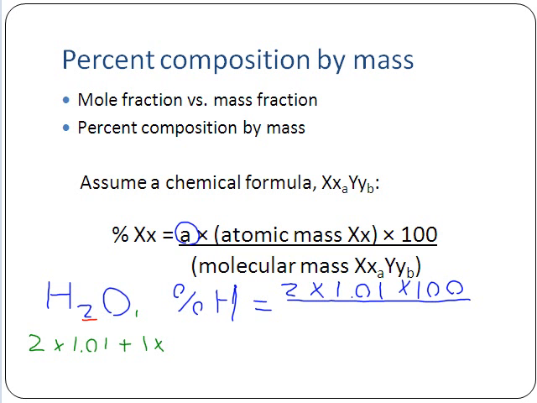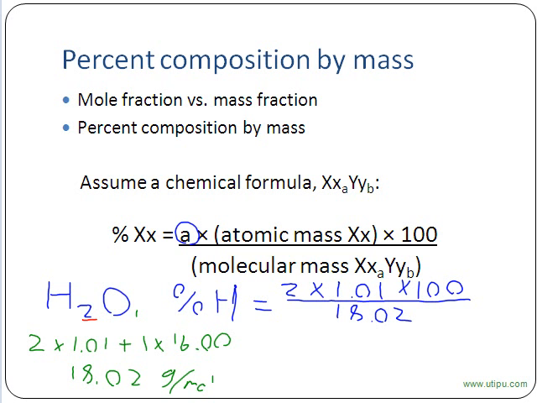Looking at our periodic table again, oxygen has a mass of 16.00. Adding this up, 2 times 1.01 is 2.02, plus 16 gives us a total mass of 18.02 grams per mole. That means that whenever we're figuring out our percent composition by mass, the molecular mass we're going to use is 18.02.